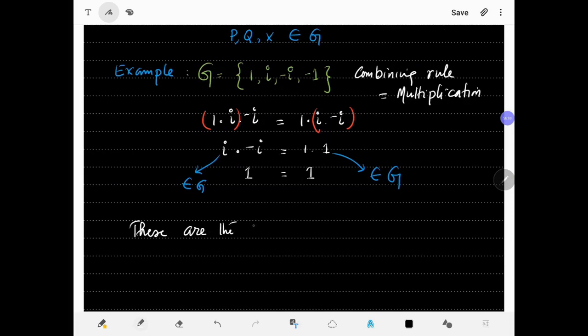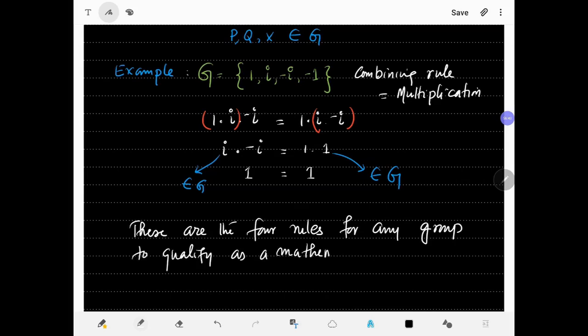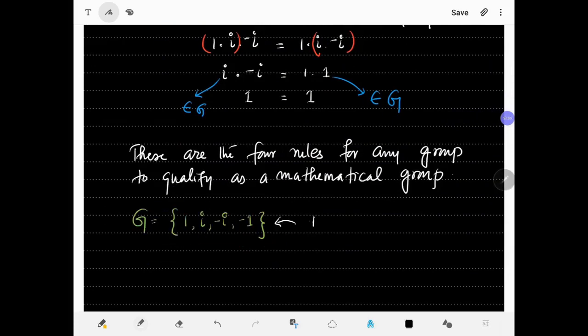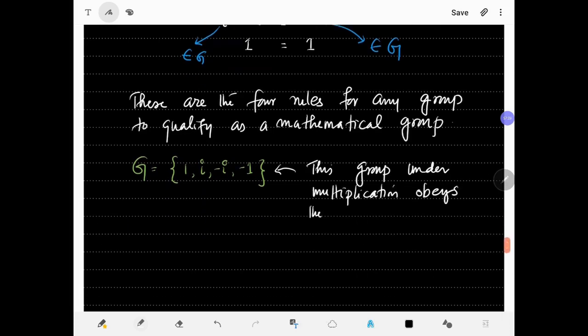And these are the 4 rules for any group to qualify as a mathematical group. And you see that the example so far we have taken is a group of 4 elements. Group of 4 elements under multiplication obeys all rules of a mathematical group, and hence it qualifies as a mathematical group.